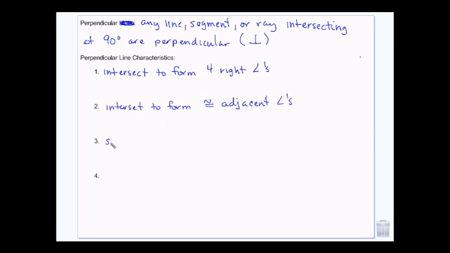Okay, then we have segments and rays. They can be perpendicular to lines or segments and rays.